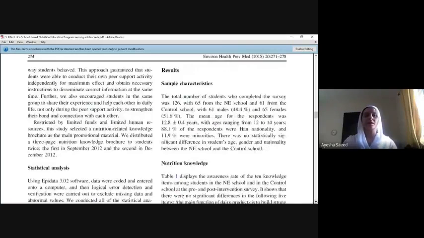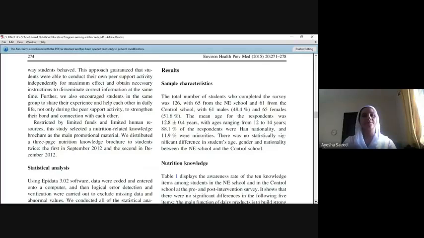way students behaved. So for the peer support activities, they were given a topic and a date. They had to prepare a debate, make presentations, or perform a role play, and students were given free liberty to use whatever approach they wanted.